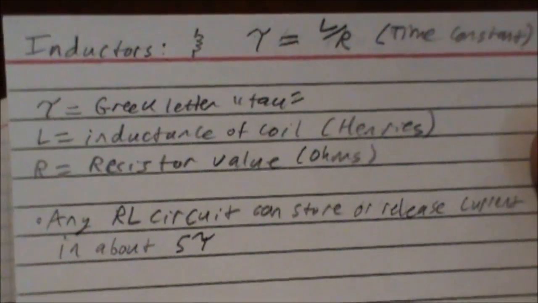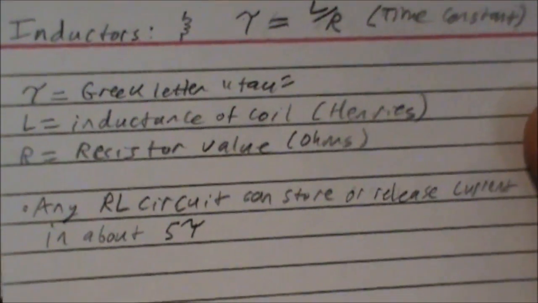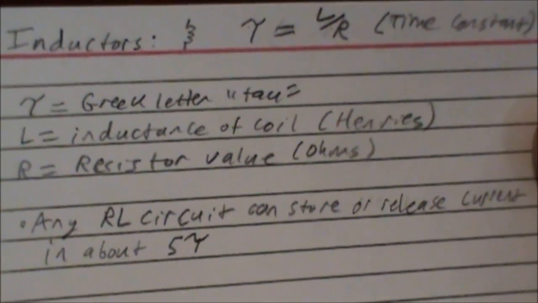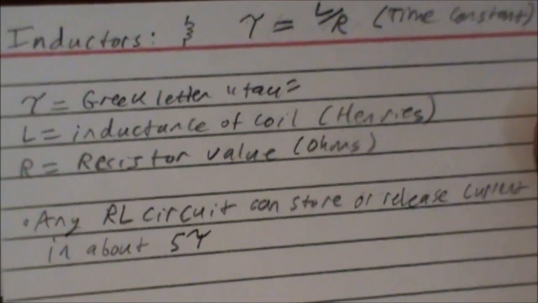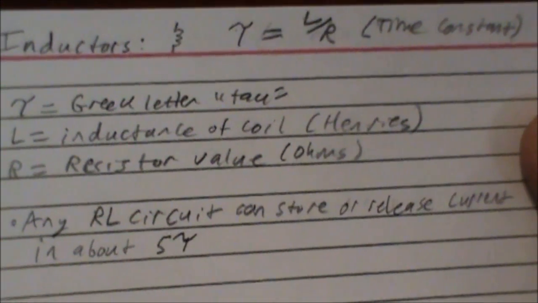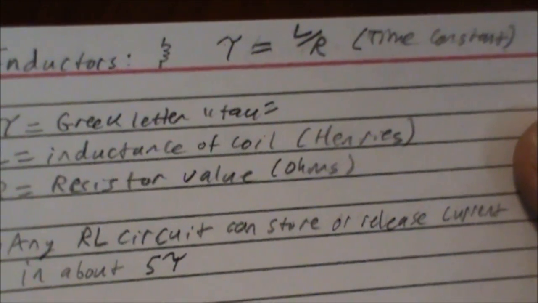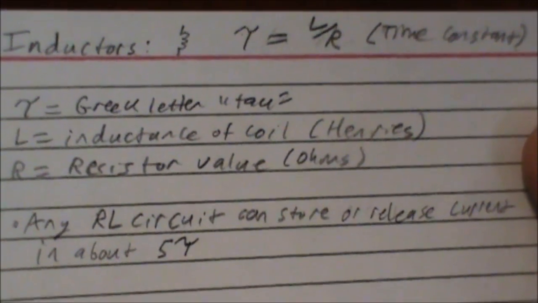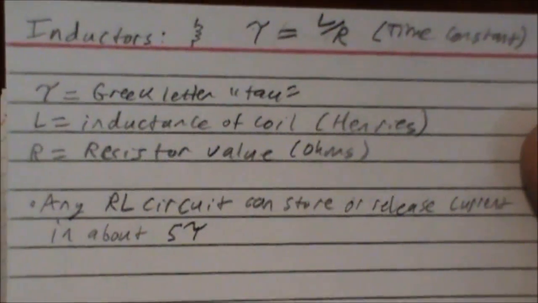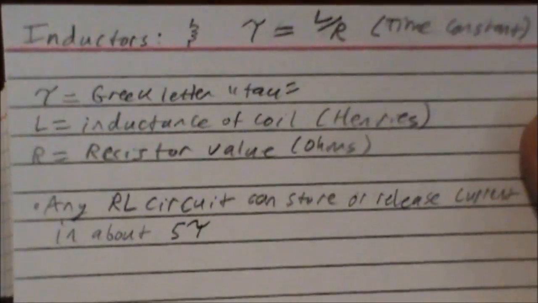That means the inductor can be fully up to the amount of current flowing through the circuit, and down to basically 0 current flowing in it when it's fully charged with current.